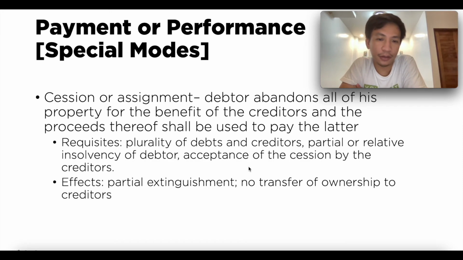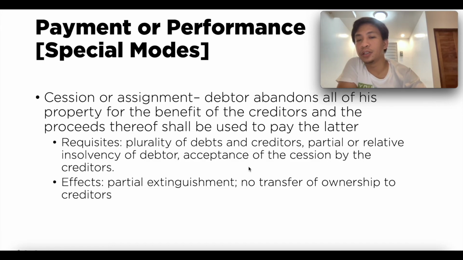Now, what is the effect of this? The effect is partial extinguishment of the obligation. Kumbaga, kung magkano yung makuha nilang amount doon sa pagbebenta nila nung mga properties niya, it may partially extinguish yung obligation niya to a certain extent kung magkano yung amount na yun.